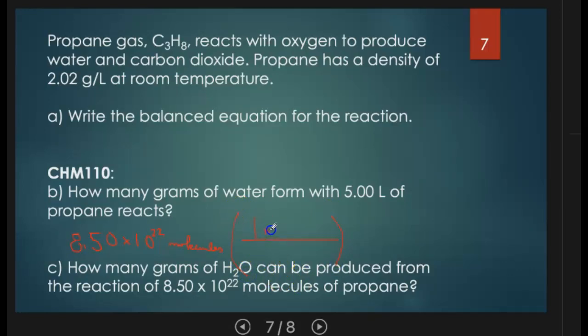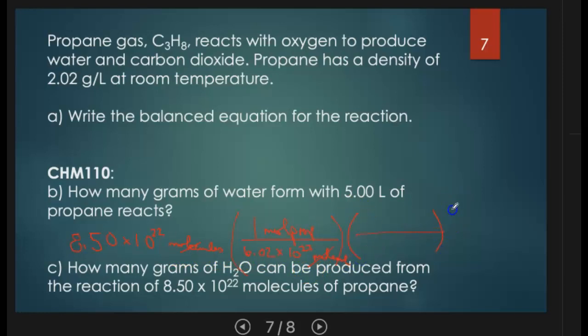I want to get to 1 mole of propane, except instead of using the molar mass, we're going to use Avogadro's number. So 6.02 times 10 to the 23 molecules. Molecules will cancel out. At this point, we would be in moles of propane.